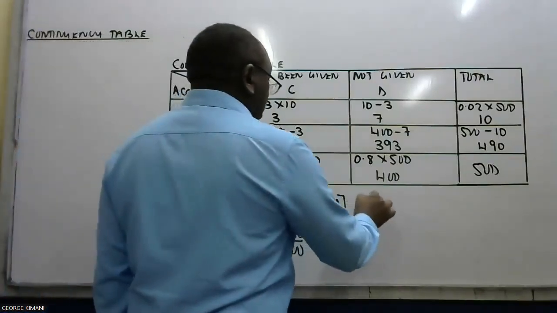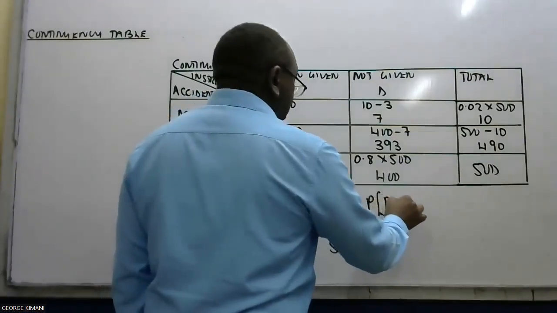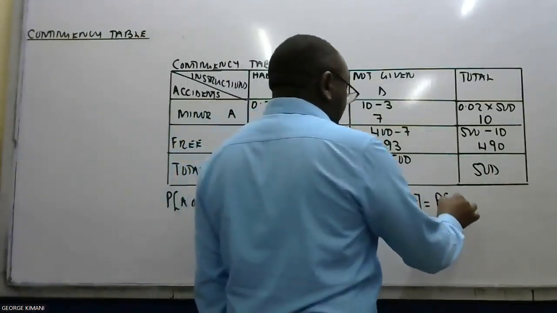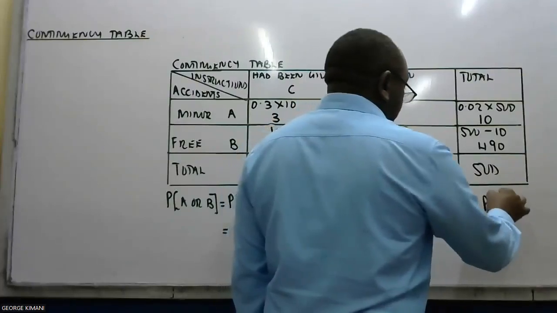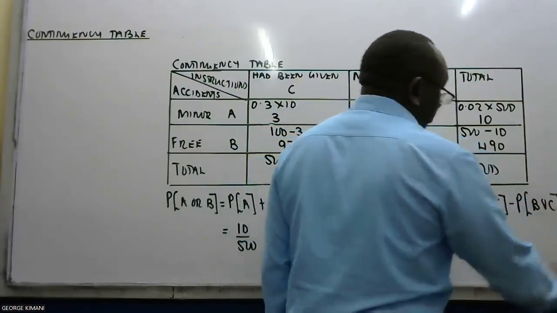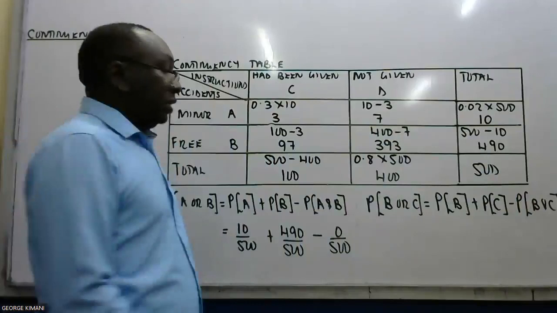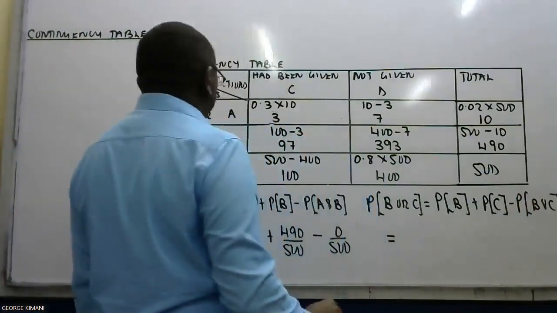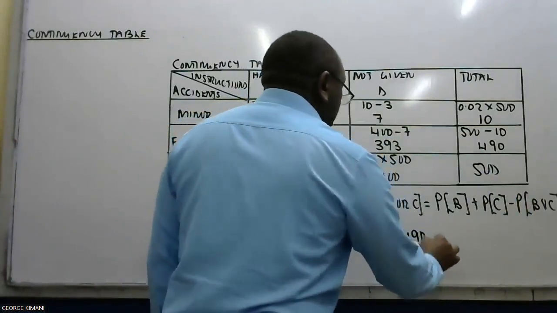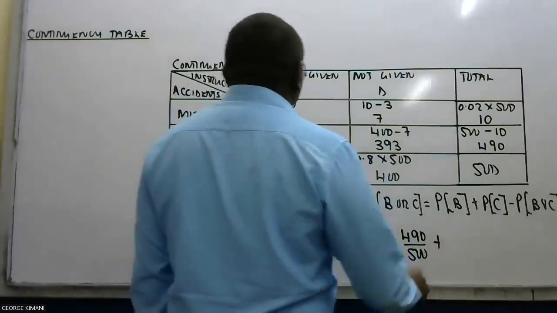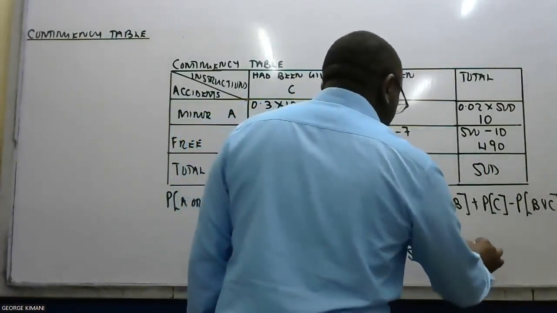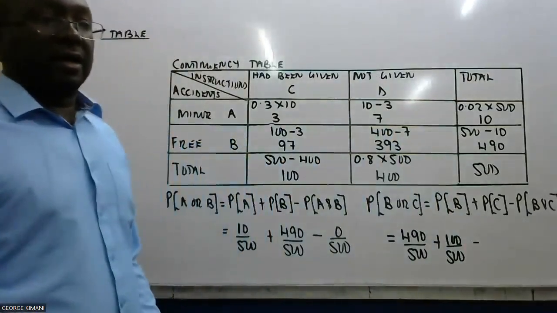Similarly, if I were to tell you to give me the probability of B or C, it will be probability of B plus probability of C minus probability of B and C. So the probability of B is 490 out of 500, plus the probability of C is 100 out of 500, minus where B and C meet.